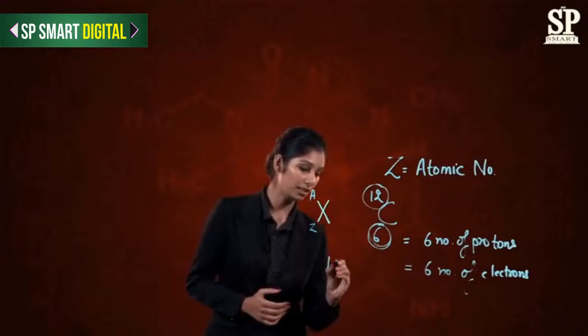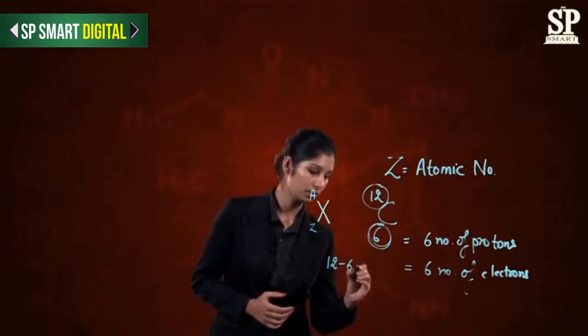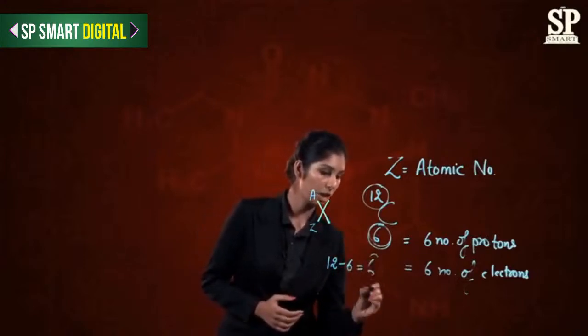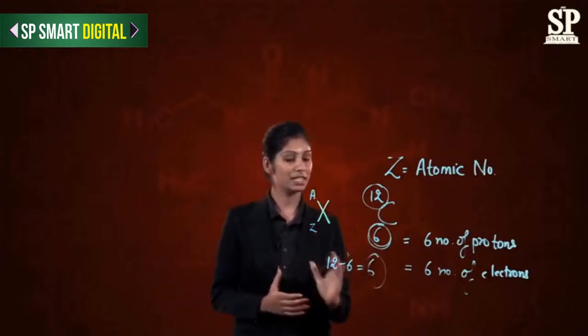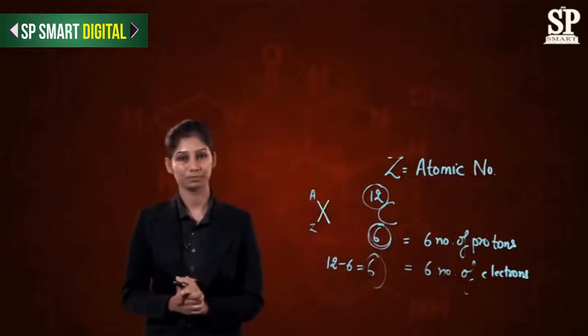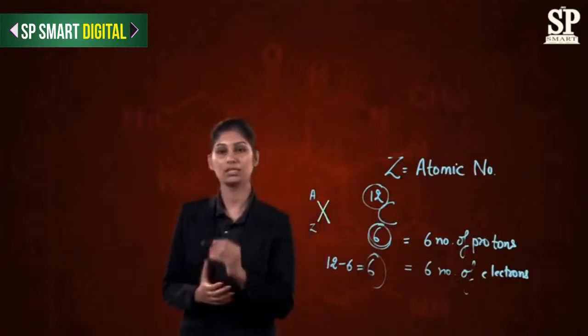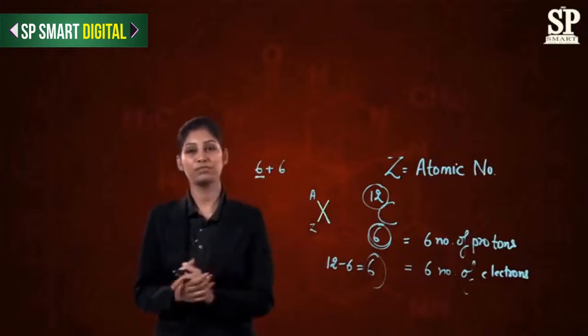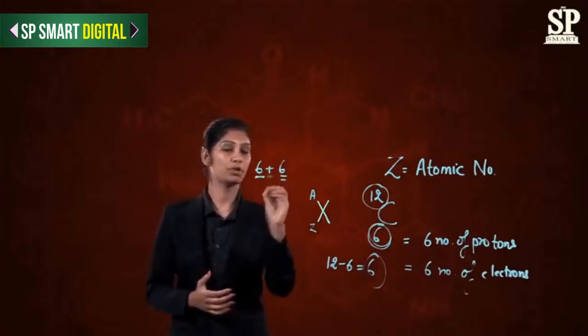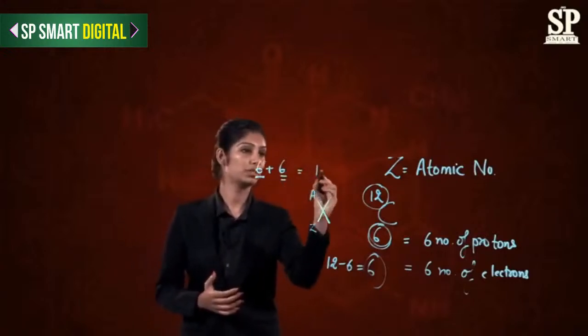We can calculate number of neutrons by subtracting 6 from the mass number, which means 6 number of protons and 6 number of neutrons will give you the mass number.